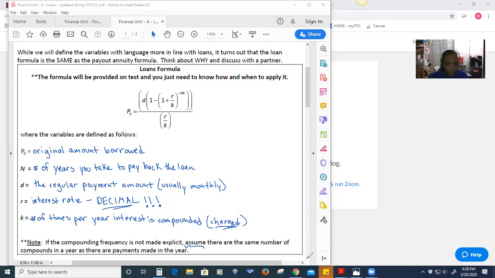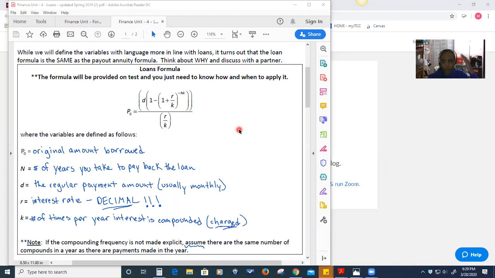So let's think about the investor side versus the loan side. When we think about investing money, we talked about 3 things that we wanted to have to make sure that we were gaining as much interest on our investment as possible, okay?